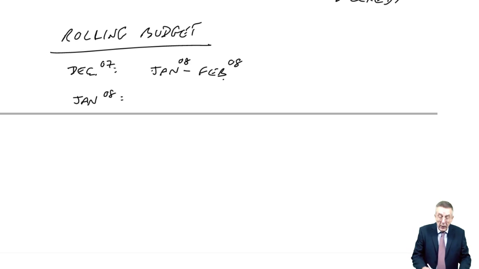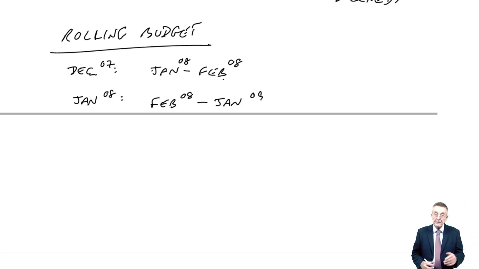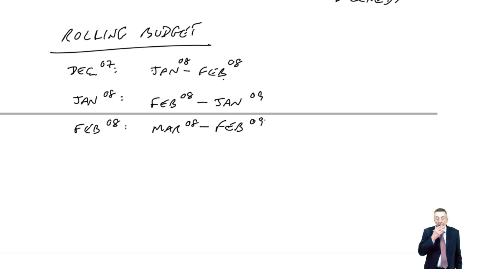So in January, we'll budget from February 2008 for 12 months to January 2009. And similarly, February 2008, we'll budget for the following 12 months, so March 2008 through to February 2009. And so on. Every month you're doing a budget for the following 12 months.